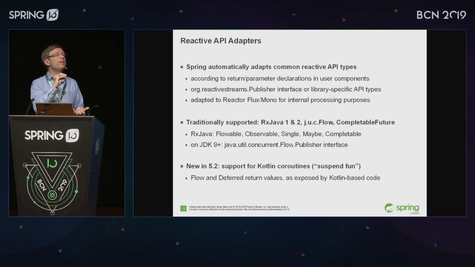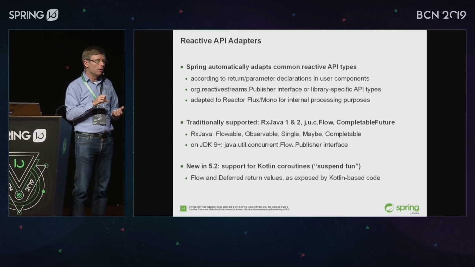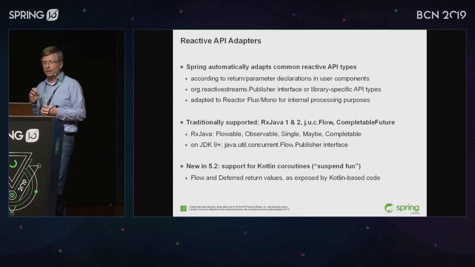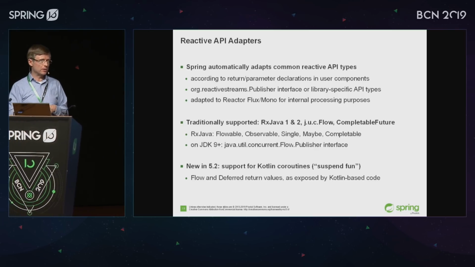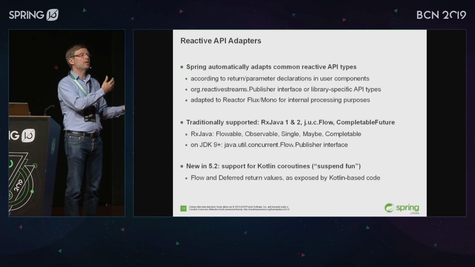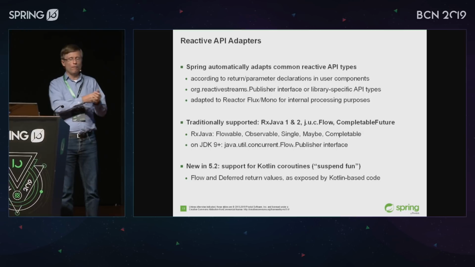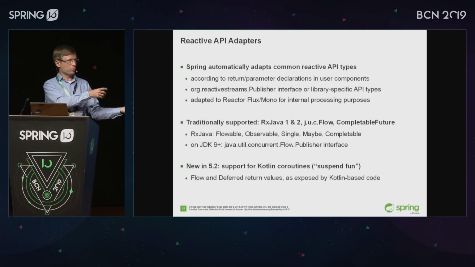If you return something else to us, like an RxJava Flowable or an RxJava Single, or if you return a CompletableFuture to us, then we would try to adapt them to the corresponding Reactor types. For CompletableFuture, we would wrap it with a Mono. For the RxJava Flowable type, we would wrap it in a Flux.